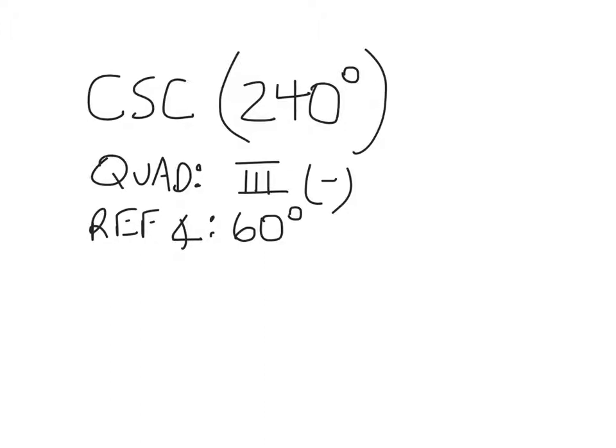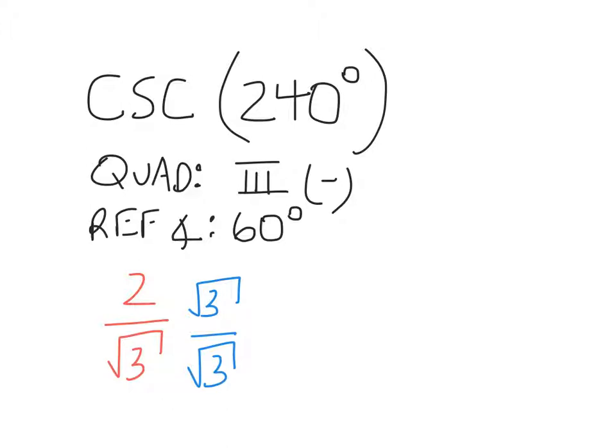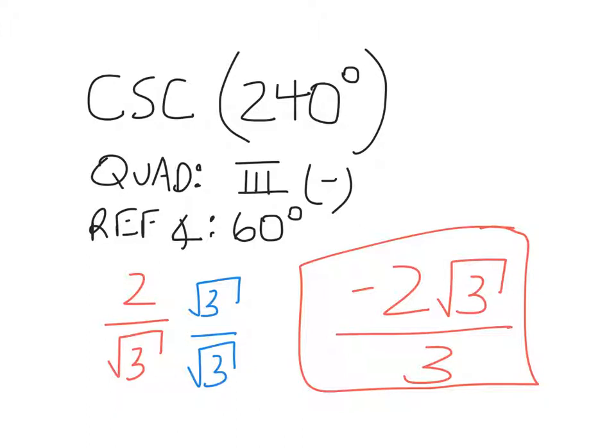Since cosecant is sine's reciprocal, I know that sine of 60 degrees is square root of 3 divided by 2. Therefore, the cosecant will just be that number upside down. And then we'll want to rationalize the denominator. So we multiply by square root of 3 divided by square root of 3. And that gives us that the cosecant of 240 degrees is negative 2 square root of 3 divided by 3.